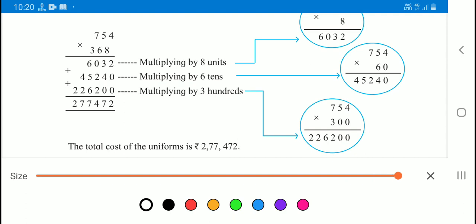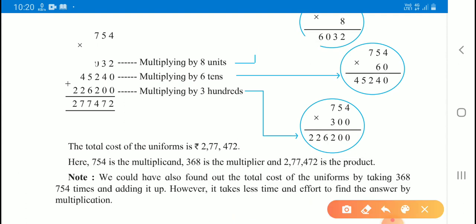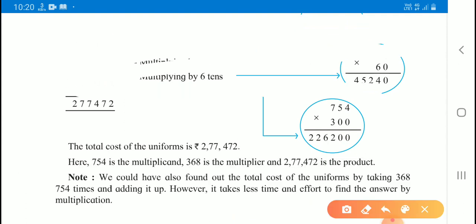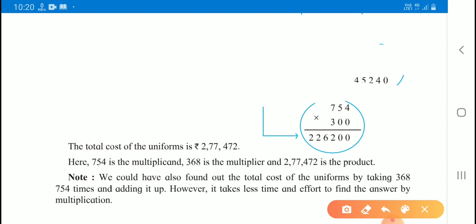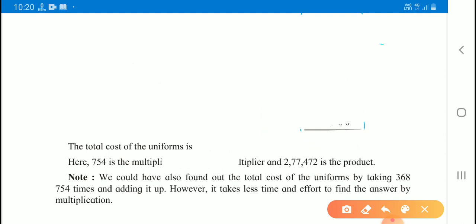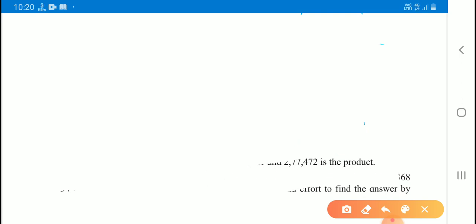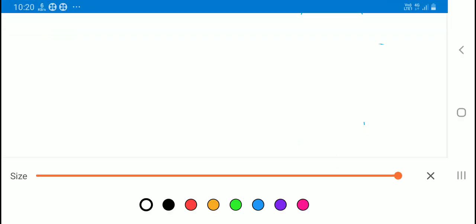So again I will make here place for solving the example. Okay, now I will write the example. 279 multiplied by 105. We'll solve this example now.